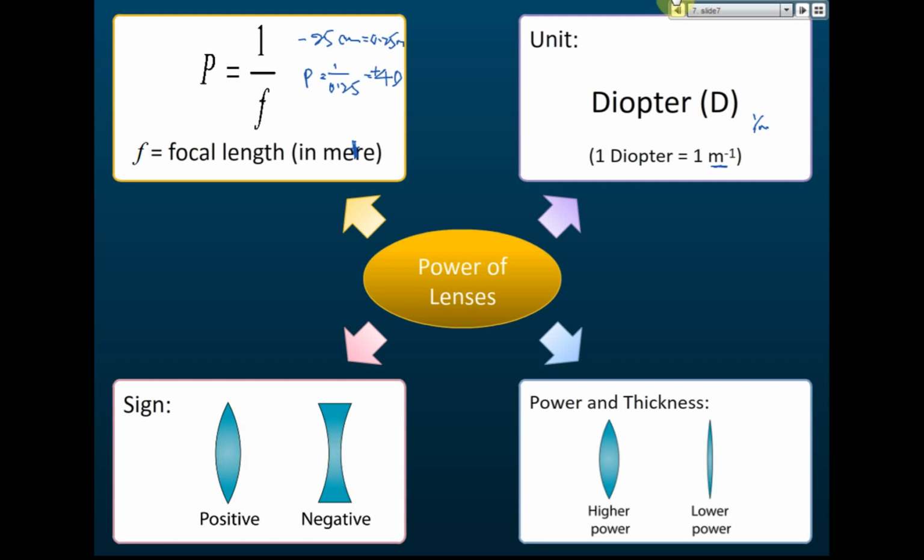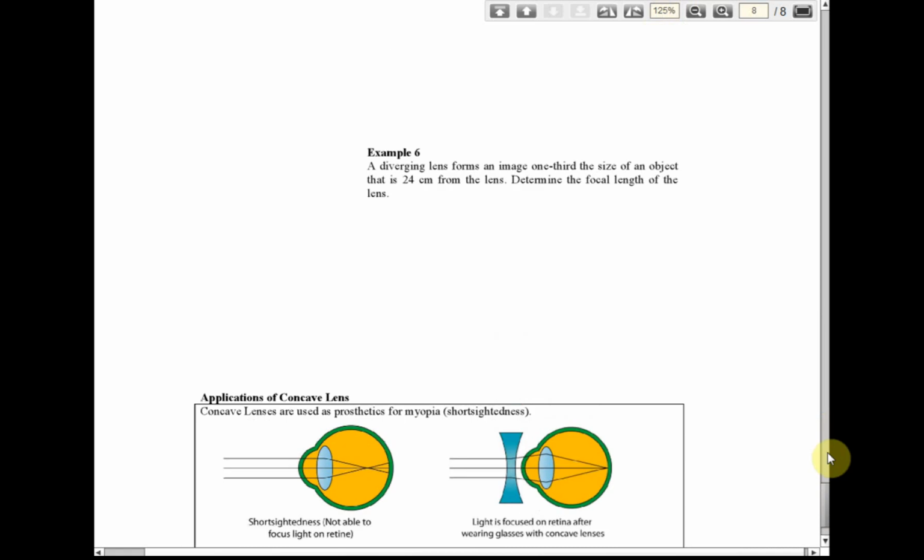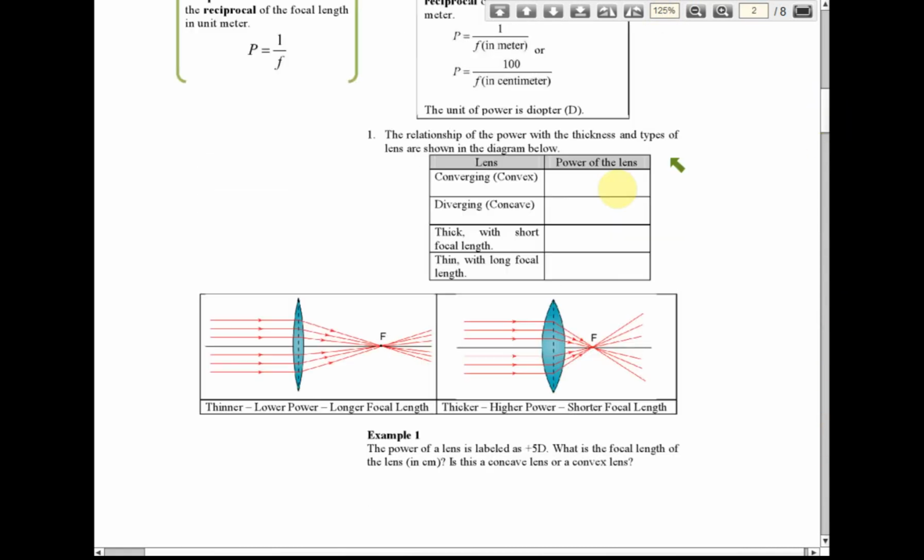Now, in your notes, you have this table. For converging lens, here you write positive. For diverging lens, you write negative. And a thick lens with short focal length, power is higher.